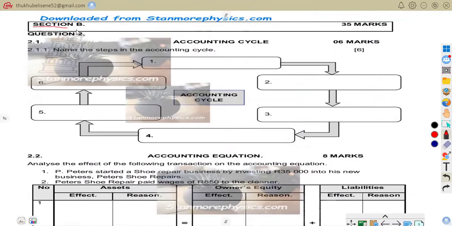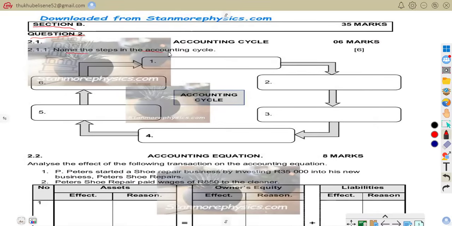Section B, question 2. This is where we are asked to name the steps in the accounting cycle, as 2.11 says.